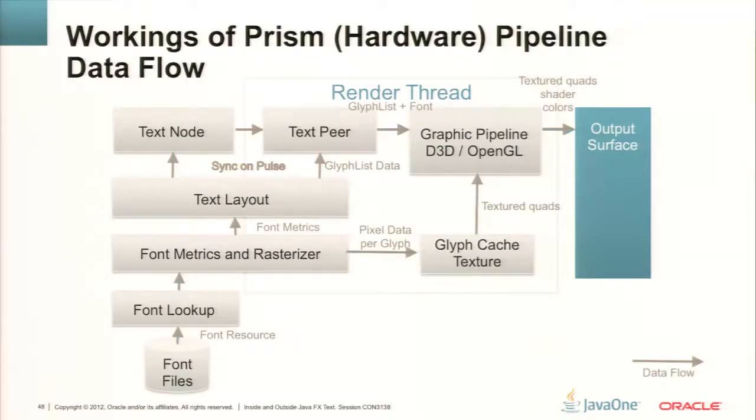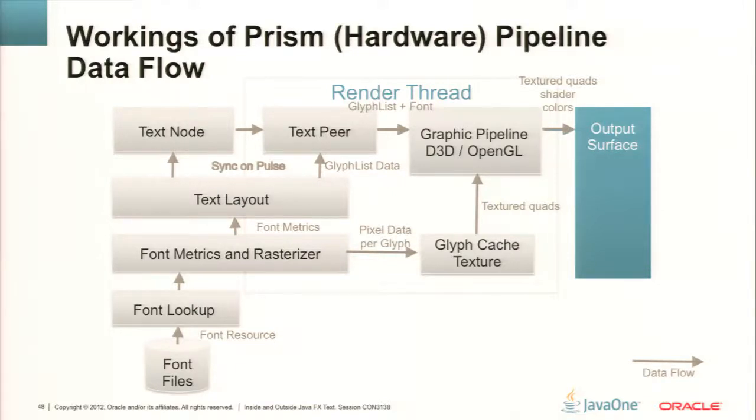Anyway, let's look at the data, it's more interesting. So this is the data flow. The peer text node essentially sends a whole bunch of glyphs and glyph codes down to the render pipeline with fonts, transforms, and so on. The pipeline sets the appropriate shaders and things of that nature, and colors and states for that hardware state machine. Now it looks in the glyph cache to find all those glyphs in the glyph list, and basically changes that over to texture map quads.